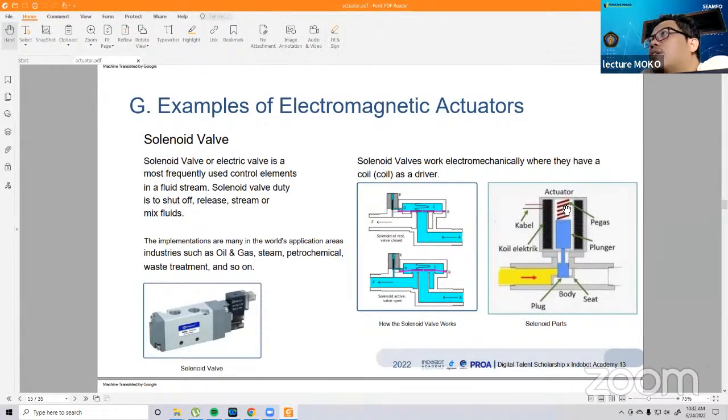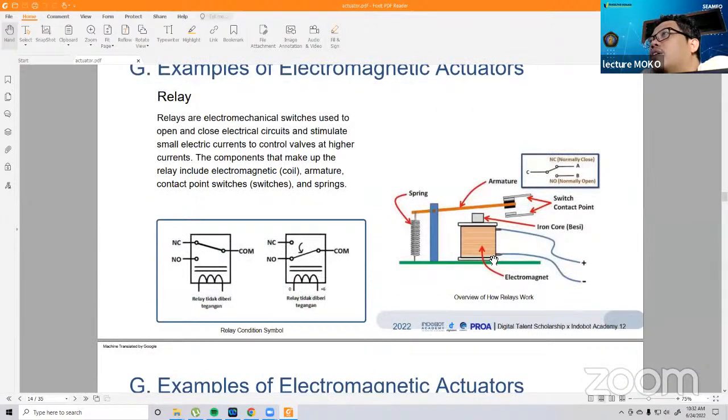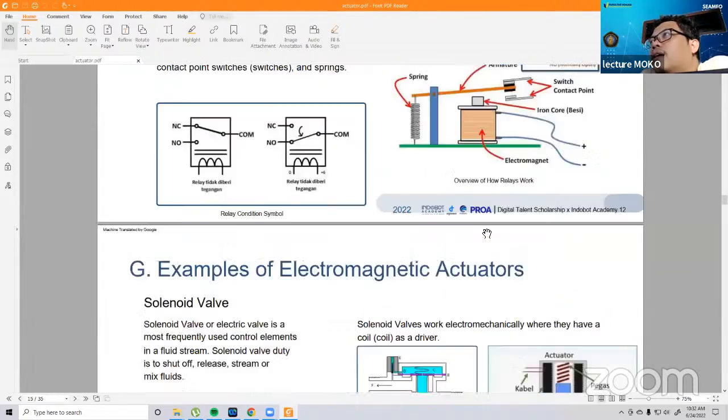It's also using an electromagnetic coil, the same as the relay here. So we use the magnetic coil mechanism to pull the iron on the other side.